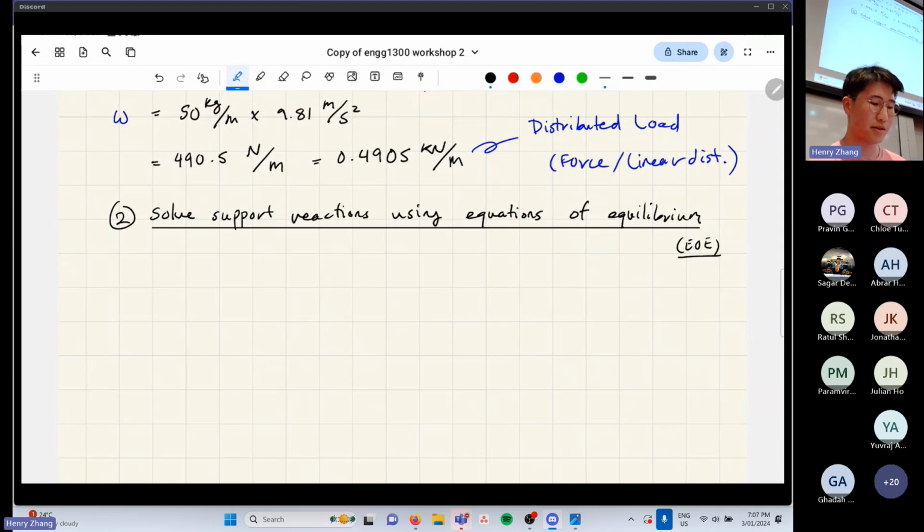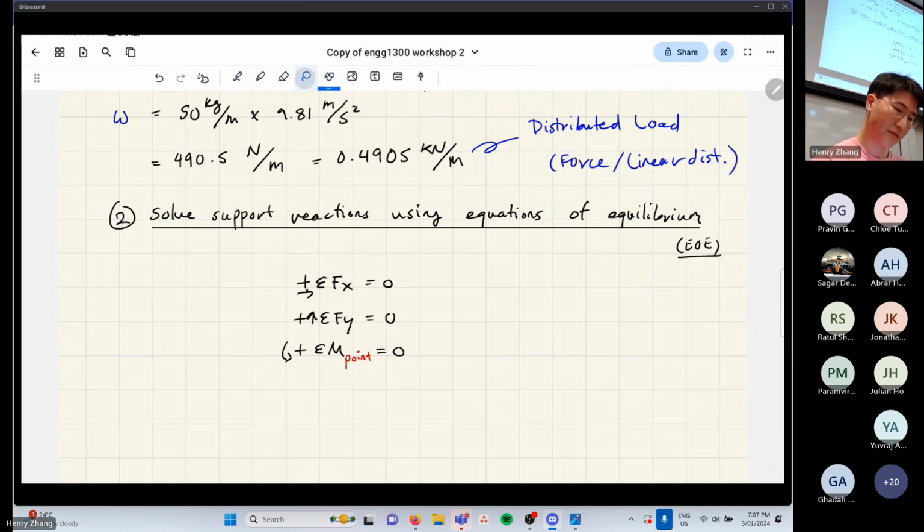So when I'm talking about equations of equilibrium, what I'm talking about is the sum of the forces in the x direction is equal to 0, the sum of the forces in the y direction is equal to 0, and the sum of the moments is equal to 0 as well. And the moments have to be taken about a certain point. Okay, just keep that in mind. You always need a reference point for the moment calculation. So we'll see how that plays into account later.